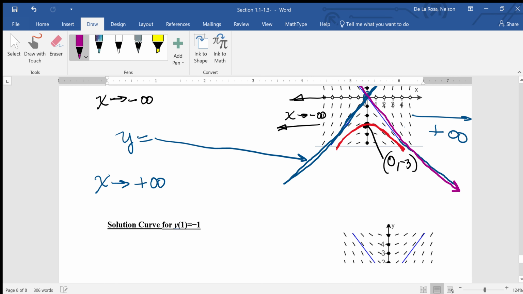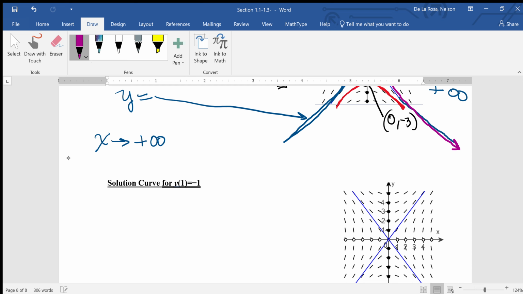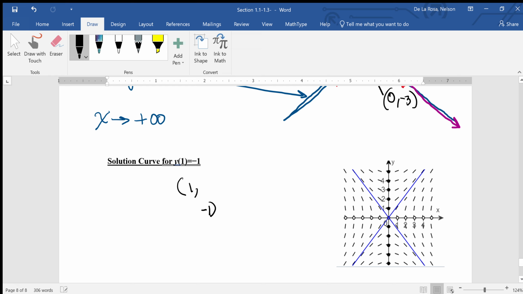Okay, now finally we have to draw the solution for the point (1, -1). So the point (1, -1) is right here, right?